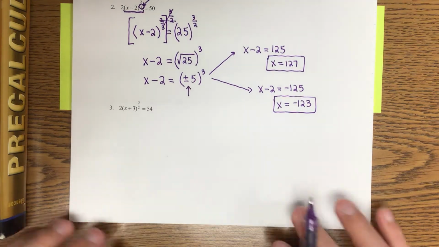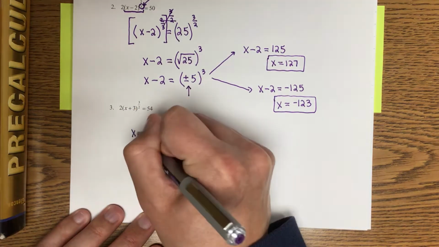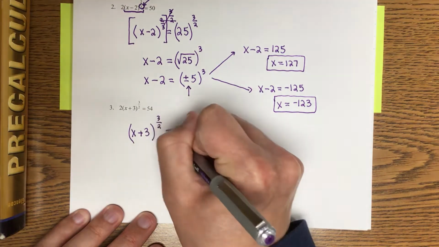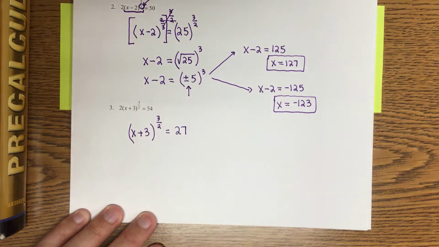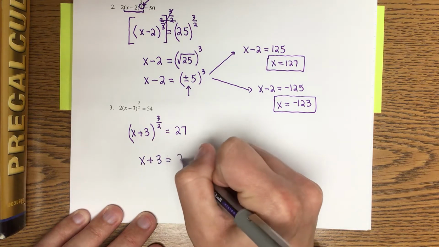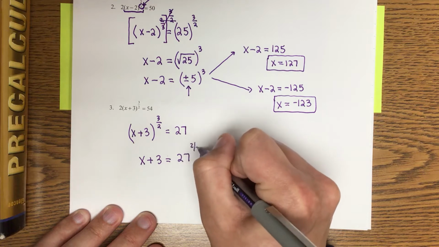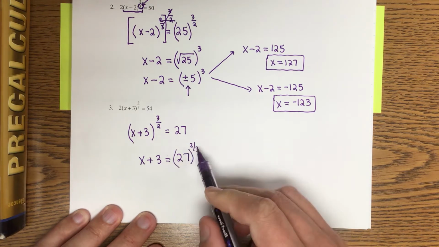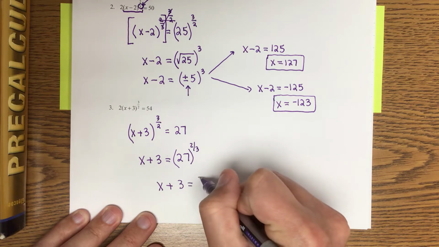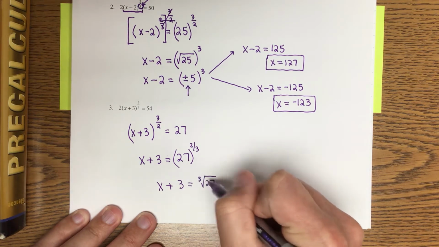Okay, so for number 3, I would divide by 2. That would be 27, and then I use the reciprocal power, which I'm not going to show all that work. I'm just going to write it like this. So that would be 2/3 around 27. Now, this is saying cube root of 27 squared.